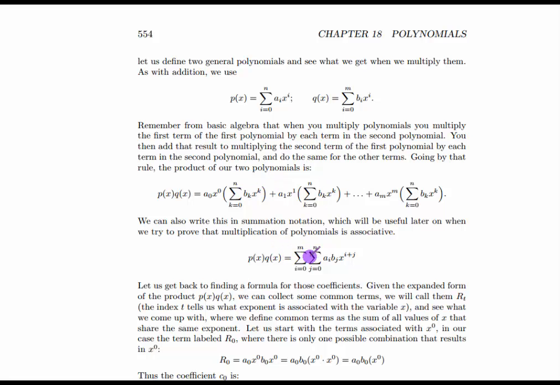But if you notice, if we group these together, every term is going to look like this. There's going to be an a_i and a b_j, and the power of x is going to take i from the a term and j from the b term. So we can rewrite this expression in the following way.